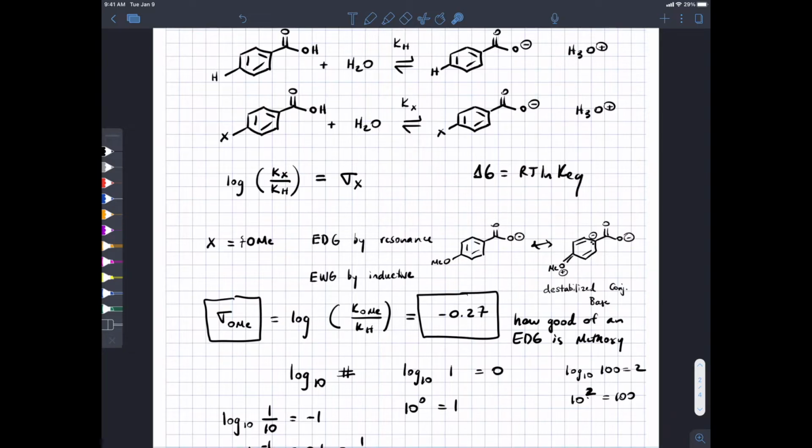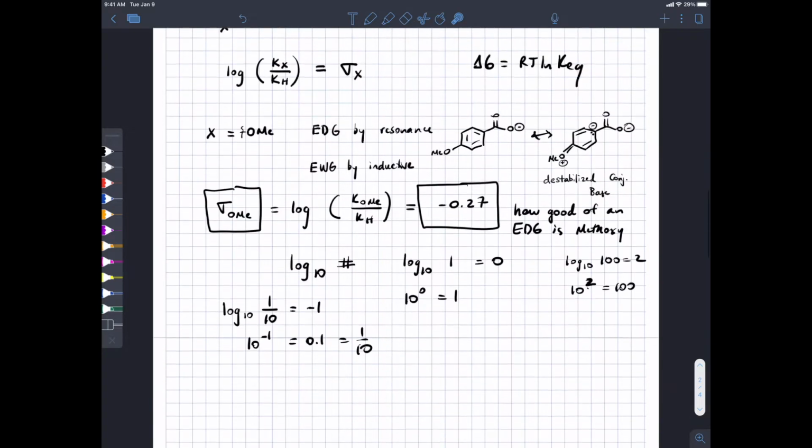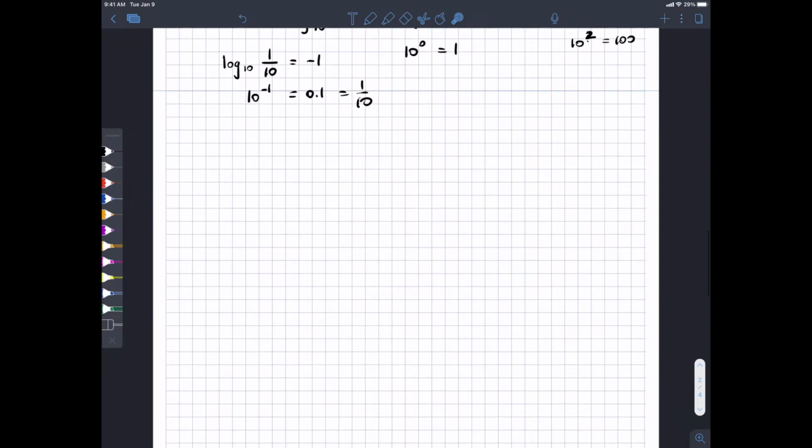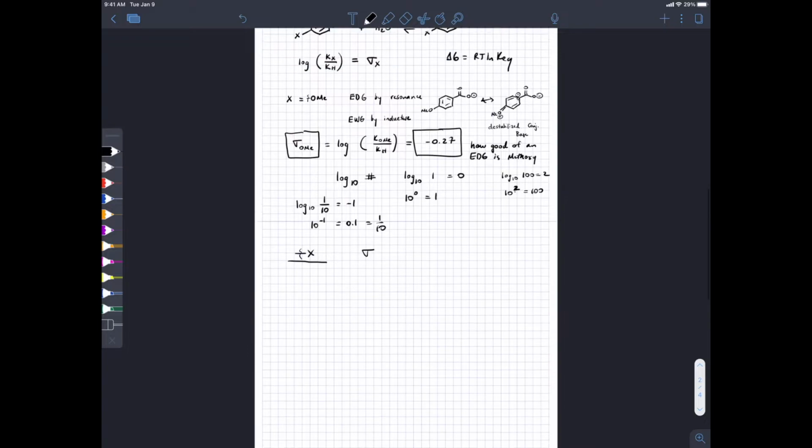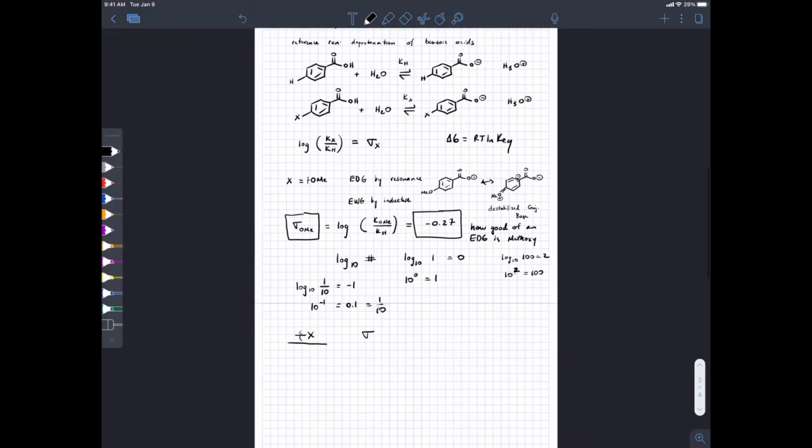You follow that reasoning? A little bit? Okay. So let me give you some examples, and this is where things are going to start to sound familiar, because we're going to run through the same list of substituents that you did with electrophilic aromatic substitution. I'm going to say that these sigma values are for para substituents.